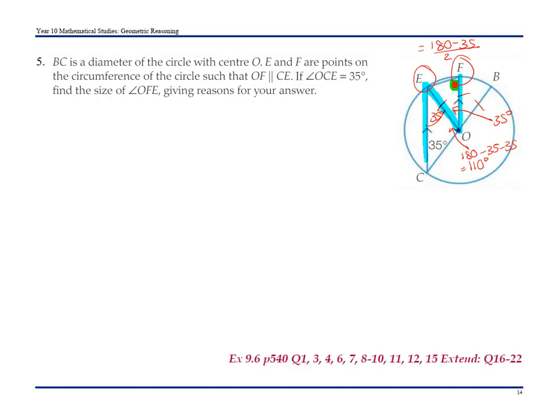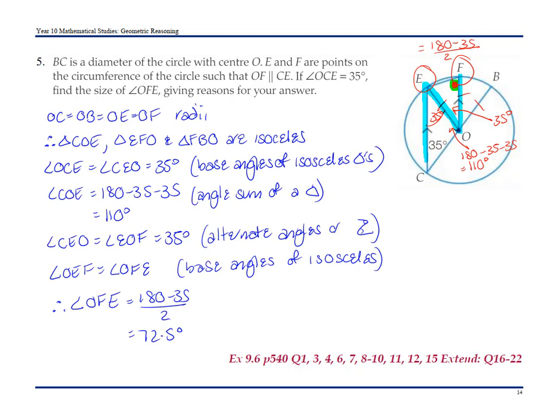Okay, so that's the proof in a nutshell. I'm going to pause, write it all out, and then go through it. Okay, so pause so you can read through that, but it's basically what I went through. Go through the radiuses, identify my isosceles triangle, stated that my angle CEO was 35 degrees because it's base angle isosceles triangle. From that, worked out COE, which is 180 minus the 35 minus 35 because it's an angle sum of a triangle, so that's 110.